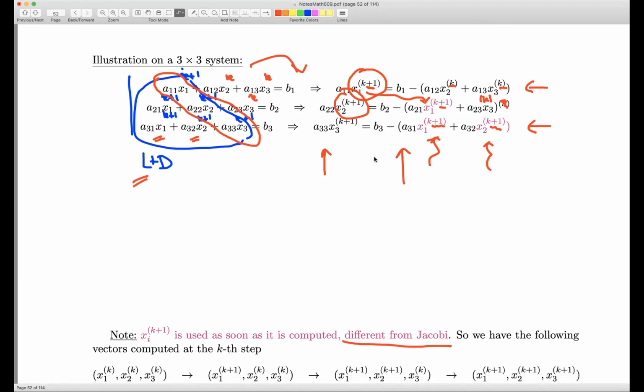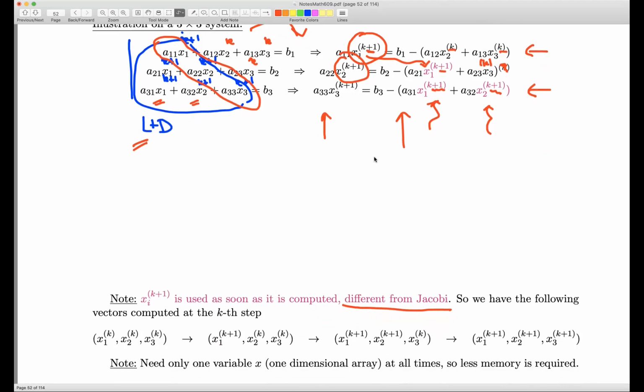And so if we would like to see exactly what is happening, it is the following. First, when we enter the iteration, we know from the previous iteration the vector x^k, which has components, in this particular case for a 3x3 matrix, x1, x2, and x3. After doing the operations of the first row, we compute x1^(k+1). So we compute the first component of the next vector, but we have not computed the second and third components.